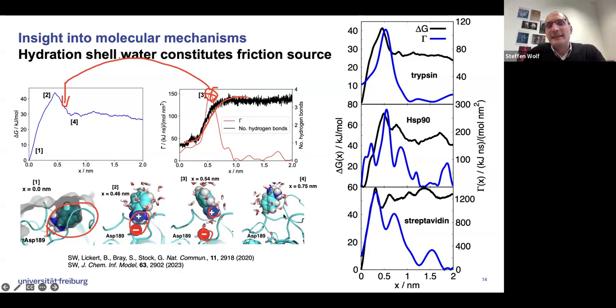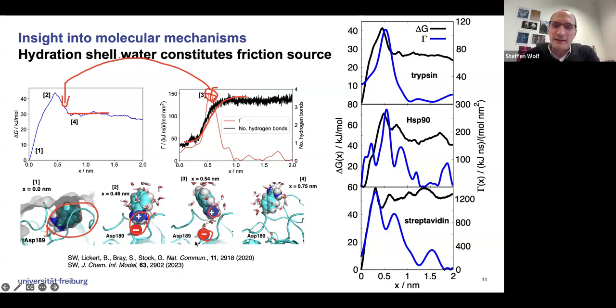So the system is in a high potential energy state, and this potential energy is transferred into kinetic energy of the water molecules, which then disperse this kinetic energy out. This is the dissipation that we need for this high energy state to go into the thermodynamic equilibrium of the bound state as well.